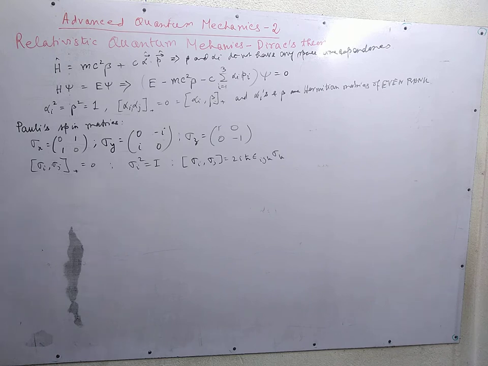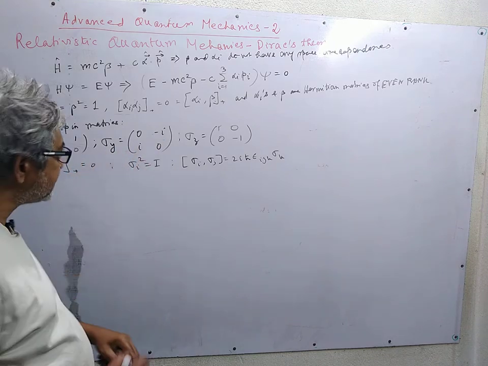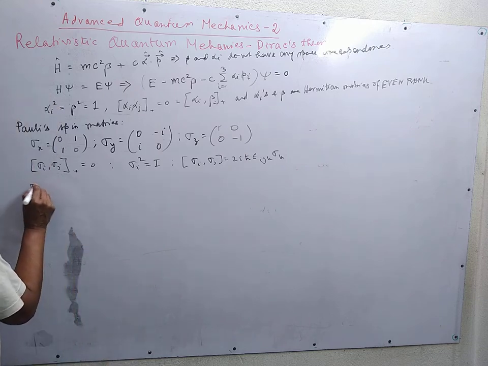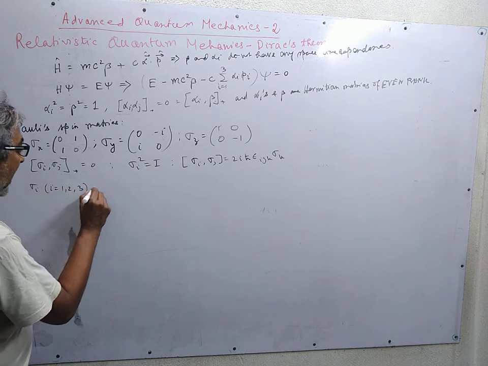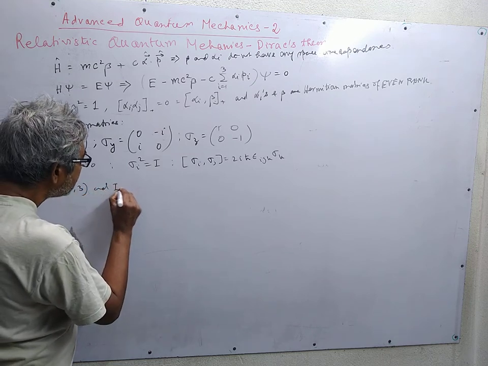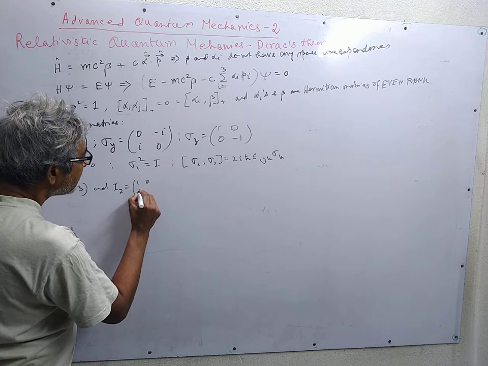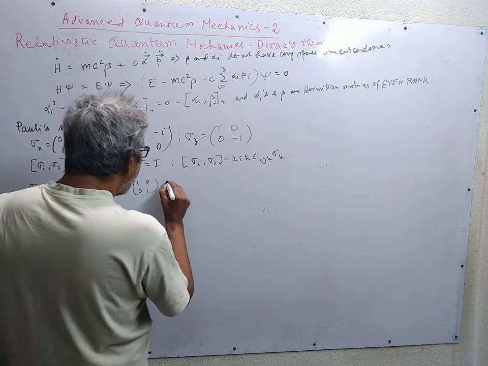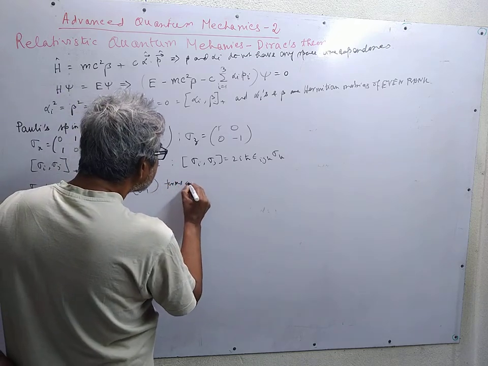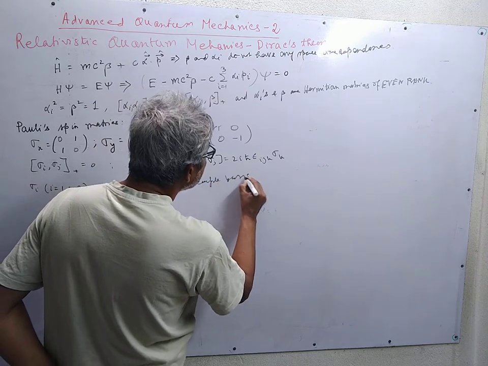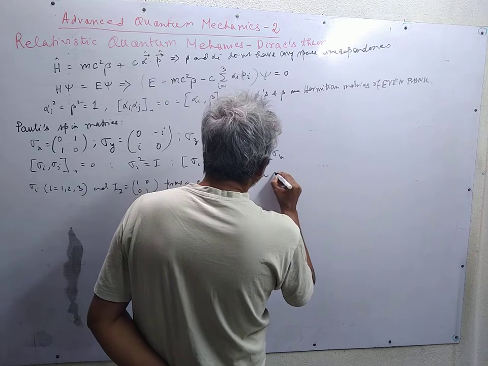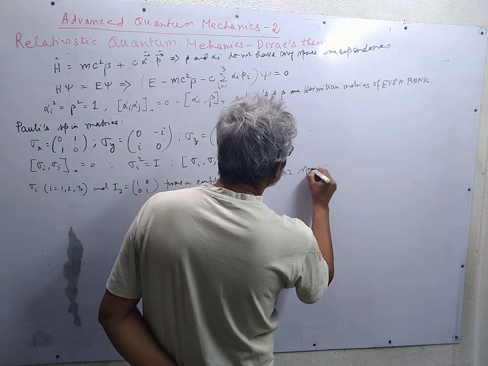You notice that we need 4 independent matrices, but these 3 matrices sigma i, with i equal to 1, 2, 3, and I2, this is 1 0 0 1, form a complete basis in 2 cross 2 space.